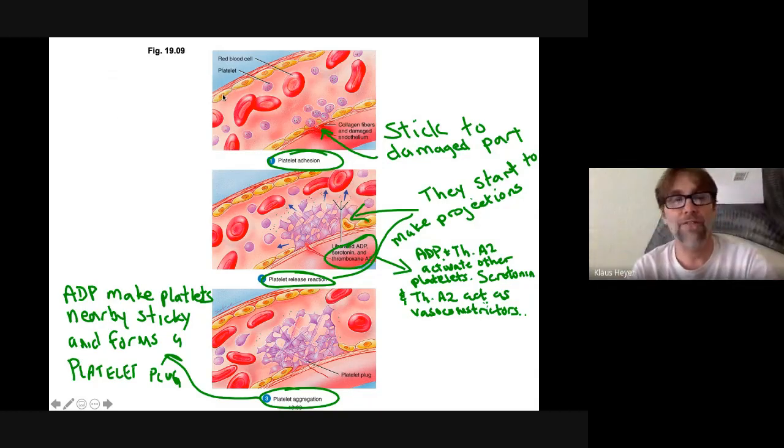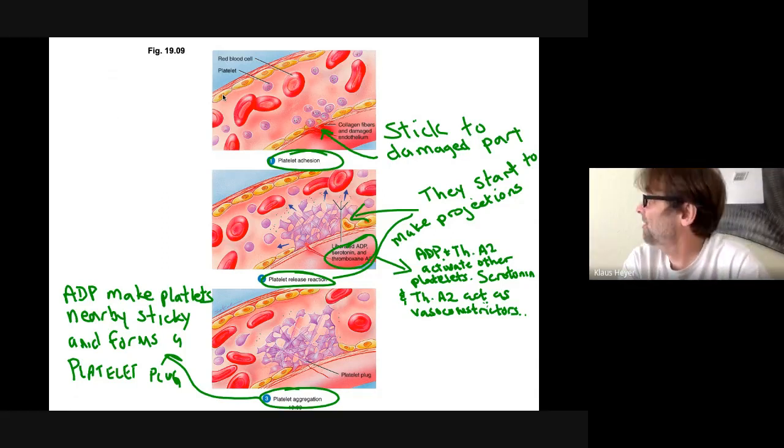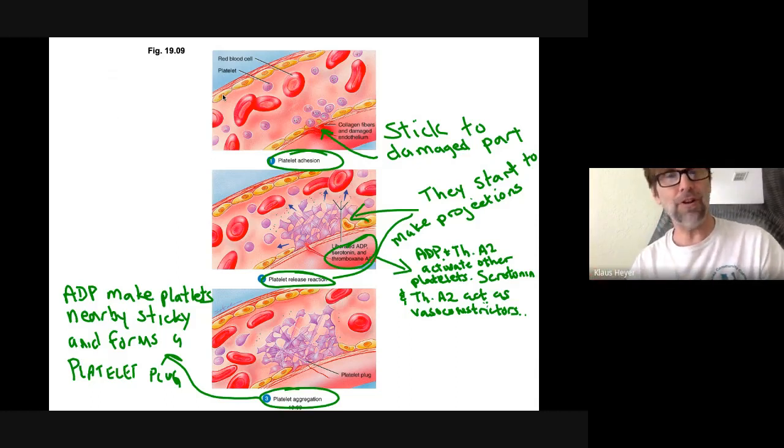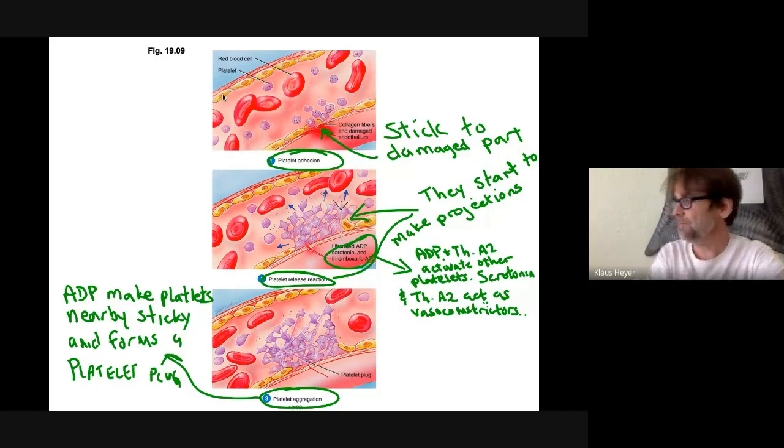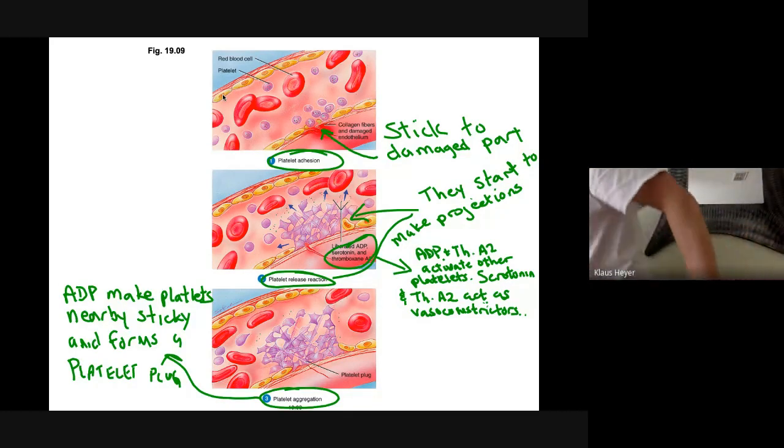If you remember, the lining of anything is called epithelial tissue. The lining of your throat, your mouth, the stomach lining, your skin, it's all epithelial tissue. When you have a blood vessel, we call this epithelial tissue endothelium.